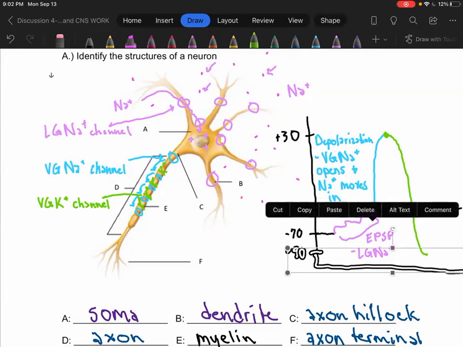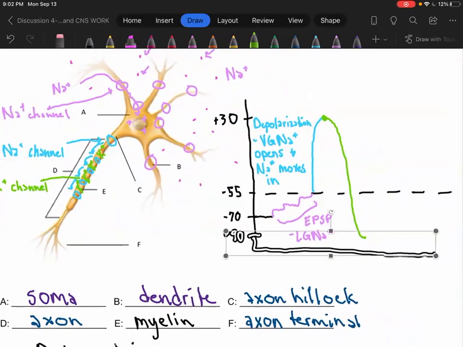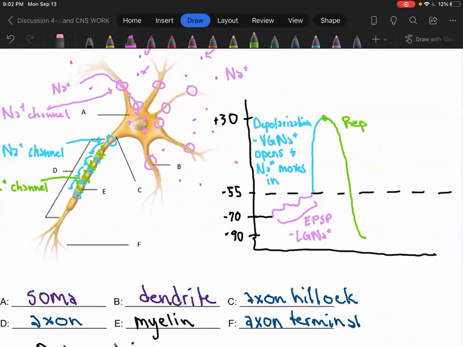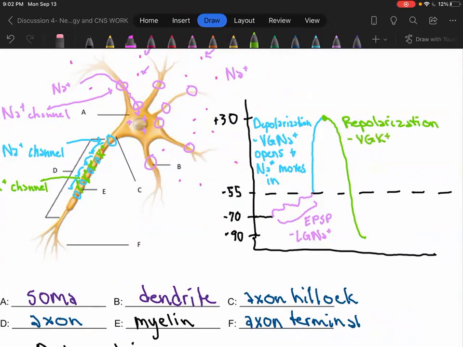So what is happening there is repolarization. Just for definition purposes, repolarization is the opening of that voltage-gated potassium channel. And when that opens, potassium will flow out, making the cell become more negative again.